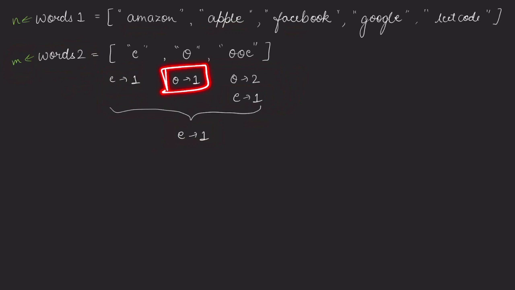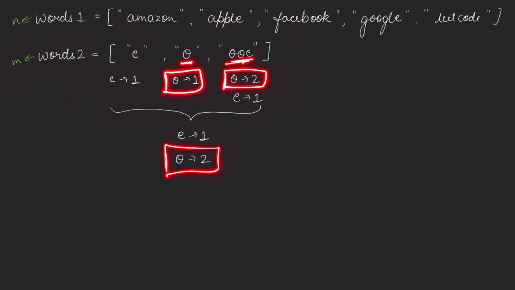Then here O is needed one time and here O is needed two times, right? So I will take the max of these two. So max is 2. So I will say that if in my string O is present two times, then it is satisfying for this string also and it is satisfying for this string also, because 1 means at least 1. So if it has 2, then it will work for this string also. But here at least 2 is needed. So that is why I have taken 2 over here.